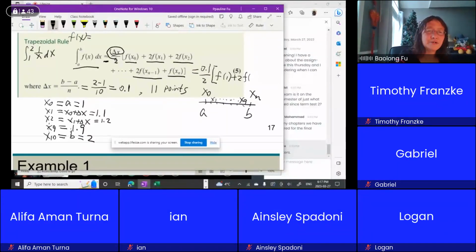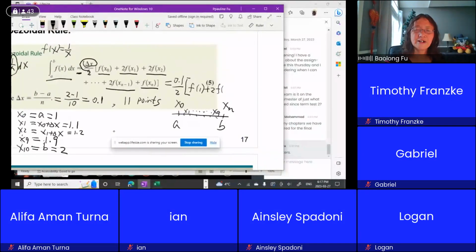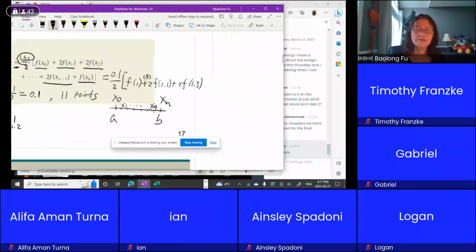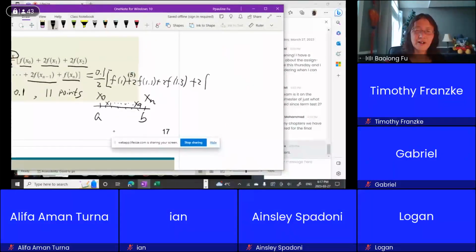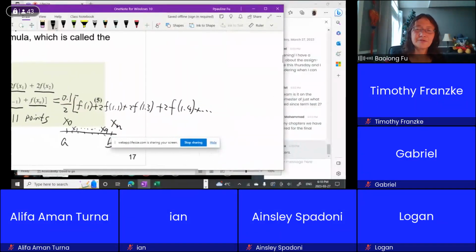Our f(x) equals 1 over x. This is our f(x). So let's plug in numbers: f(1.1), plus 2 f(1.3), plus 2 f(1.4), plus, the second to last term is f(1.9).